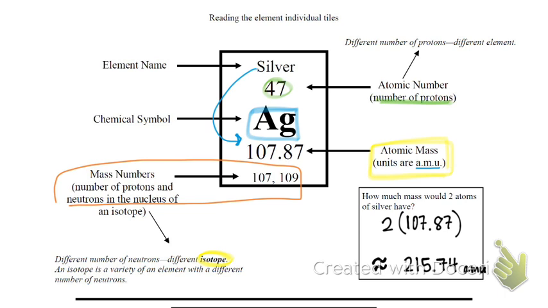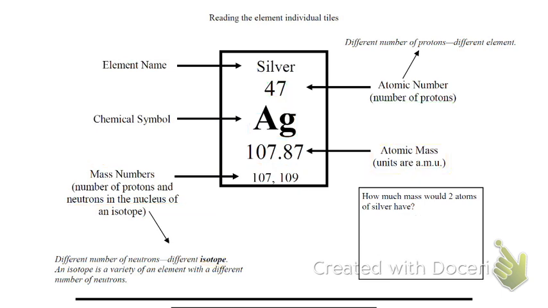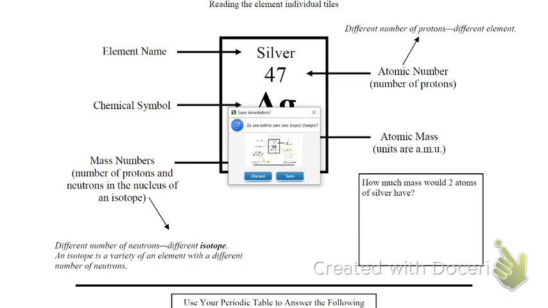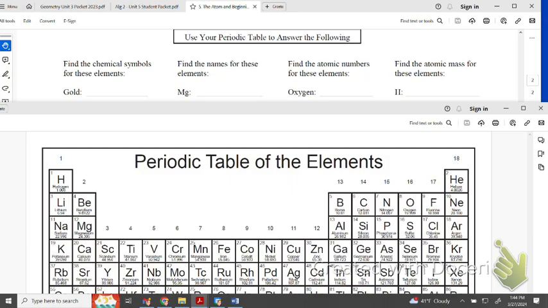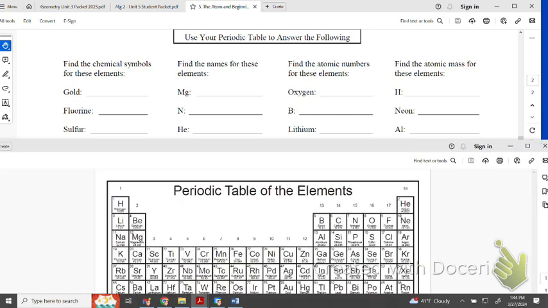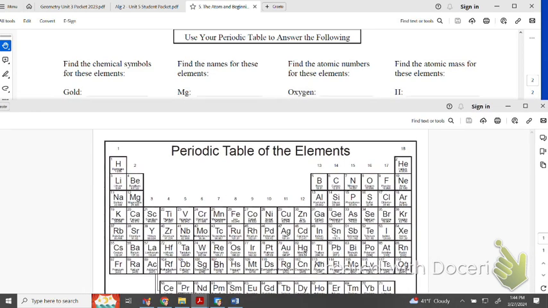I'm going to try to put the periodic table up with these questions. So give me a second. Okay, so we've got our periodic table, we've got our worksheet. So we're just going to do one of each of these together so that you have examples.